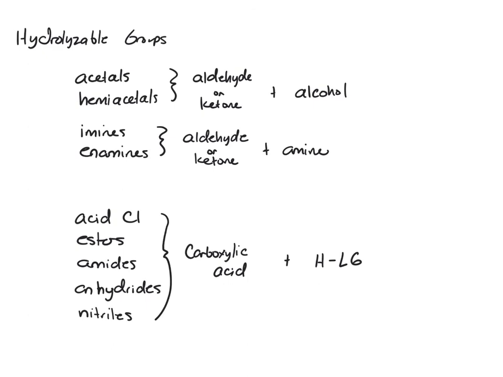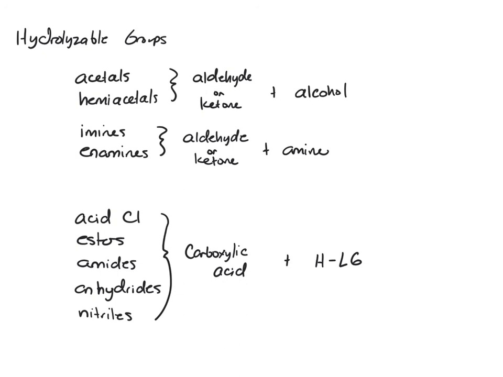to the carboxylic acid plus the leaving group with a hydrogen on it. So the acid chloride, the Cl comes off. You can pair that with the hydrogen as HCl. An ester, the OR group comes off, so HOR will be the alcohol. The amide, the nitrogen group comes off, put the hydrogen on that to get an amine, and so forth.